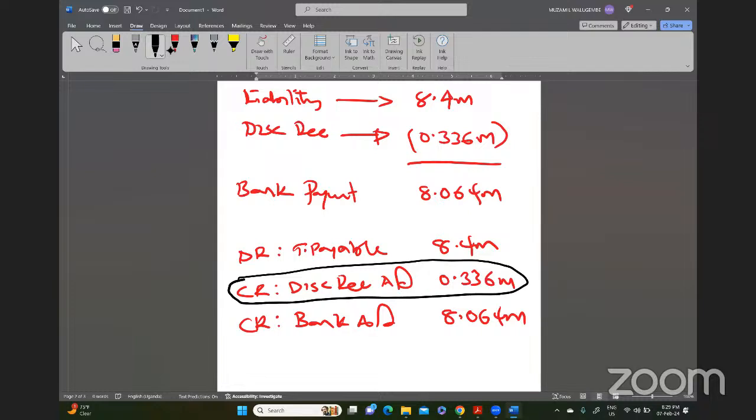The liability was 8.4, but we have ended up paying 8.0 to clear it off. Where we were supposed to pay 8.4, we have ended up paying 8.0. Meaning the overall liabilities have reduced, and that decrease that we have not paid off, yet we have done away with, is an income.